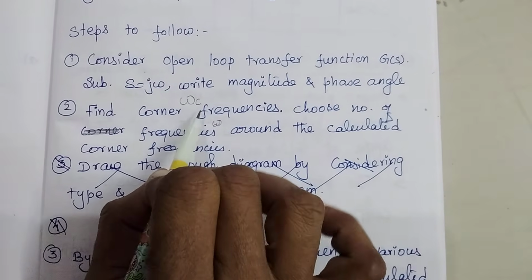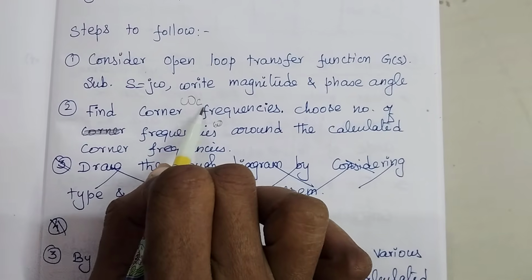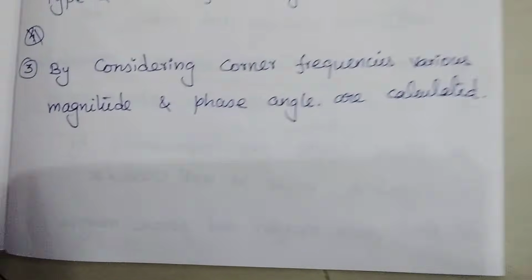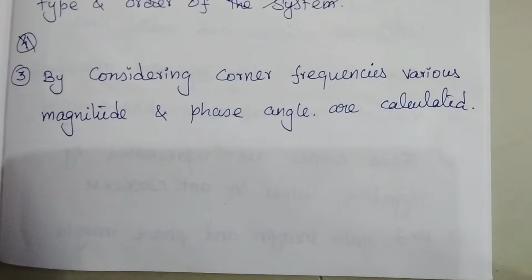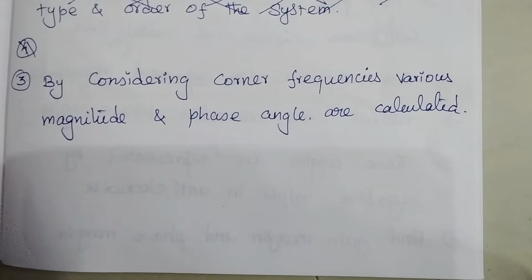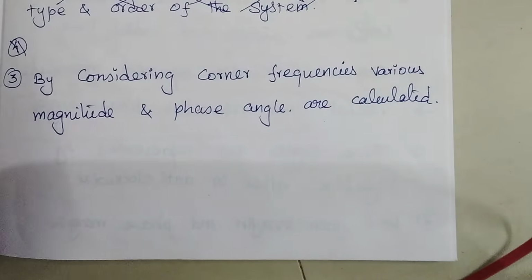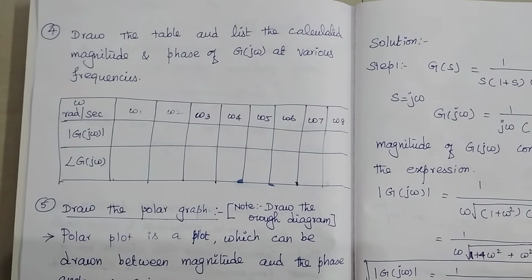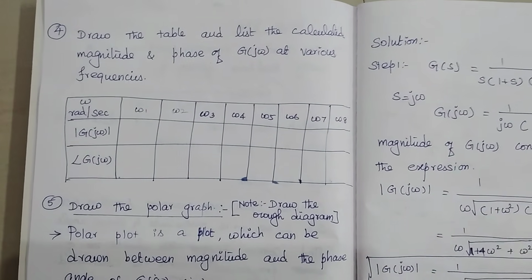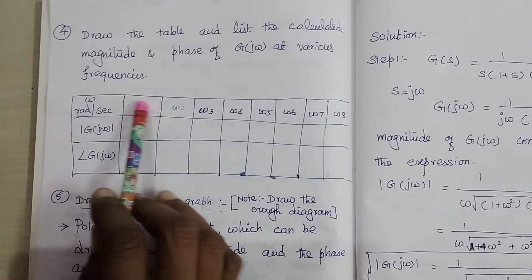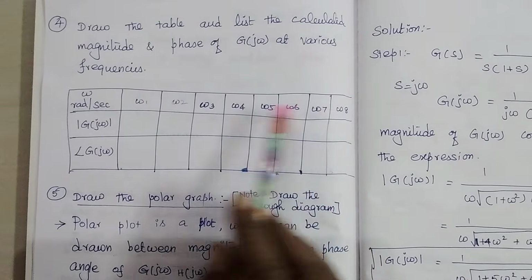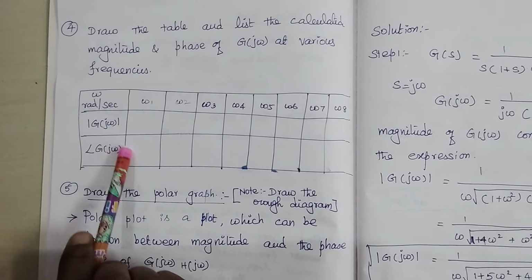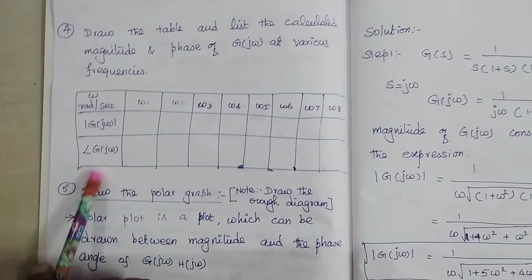Say in a given problem we have a number of corner frequencies. Consider these corner frequencies, and various magnitude and phase angles are calculated. Then draw a table like this for various omega values and calculate the magnitude of G(j omega) and the angle of G(j omega).